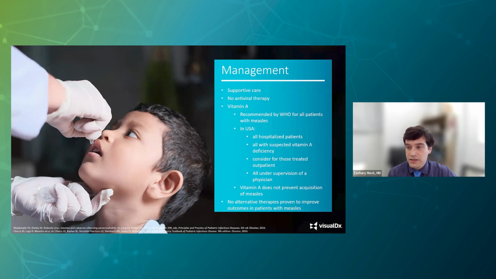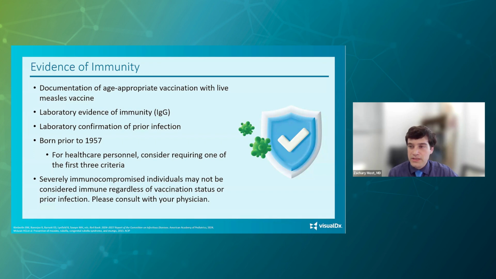But all of this needs to be done under the supervision of a physician, as overdoses of vitamin A can lead to toxicity. Vitamin A does not prevent the transmission or acquisition of measles. And there's no alternative therapies that have proven to improve outcomes in patients with measles, and this includes corticosteroids and macrolide antibiotics.